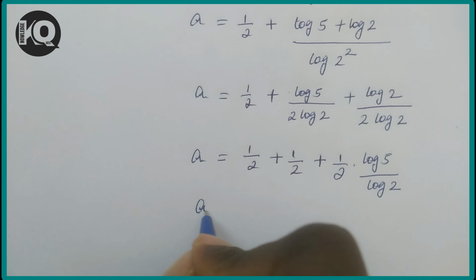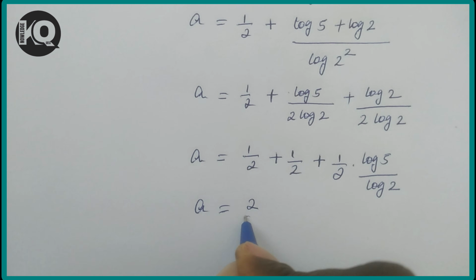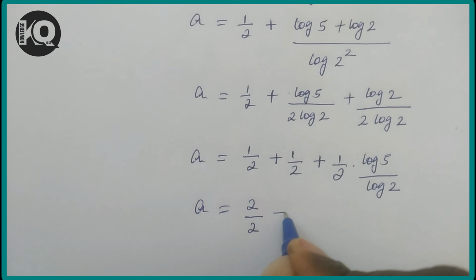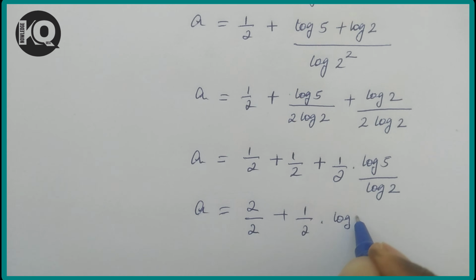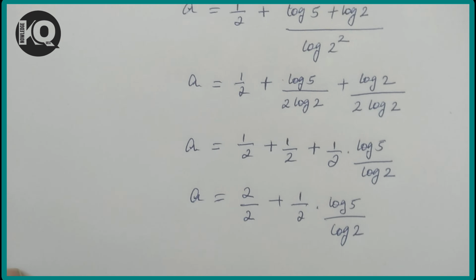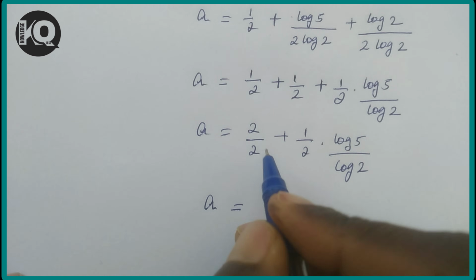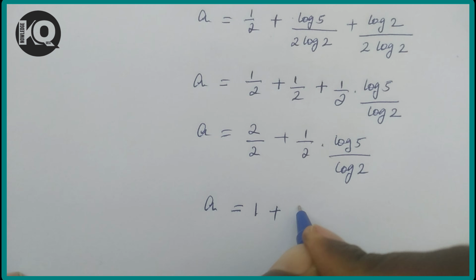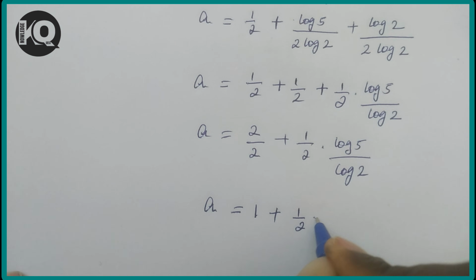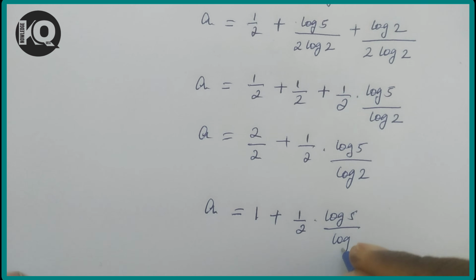Then let's sum up. 1 over 2 plus 1 over 2 will be 2 over 2 plus 1 over 2 times log of 5 divided by log of 2. Then a is equal to 2 divided by 2 will be 1 plus 1 over 2 times log of 5 divided by log of 2.